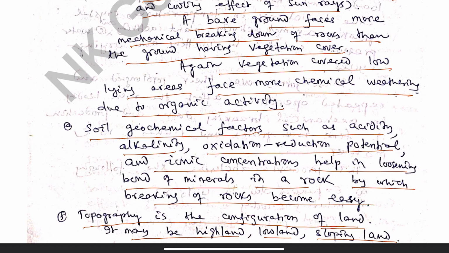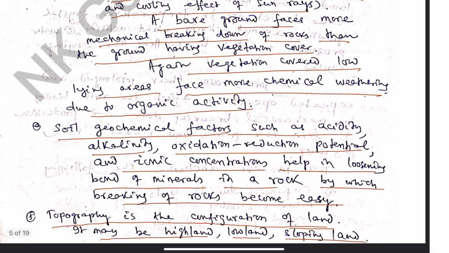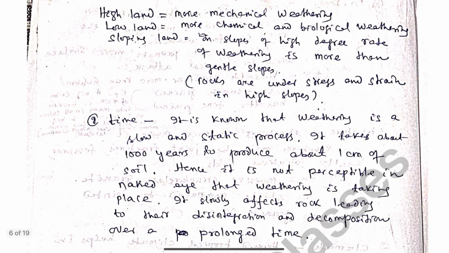So topography plays a role in controlling the weathering. In highlands, mechanical weathering becomes more compared to the lowlands, where chemical and biological weathering dominates.